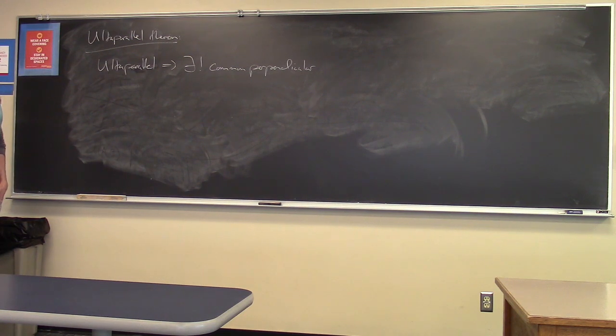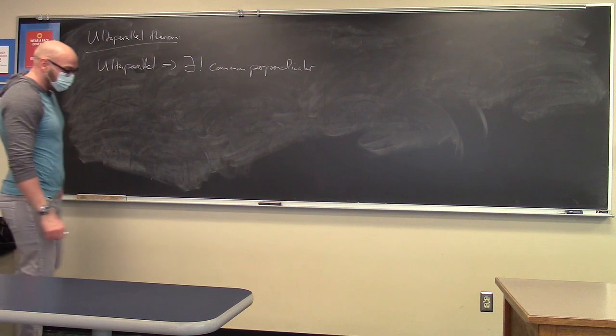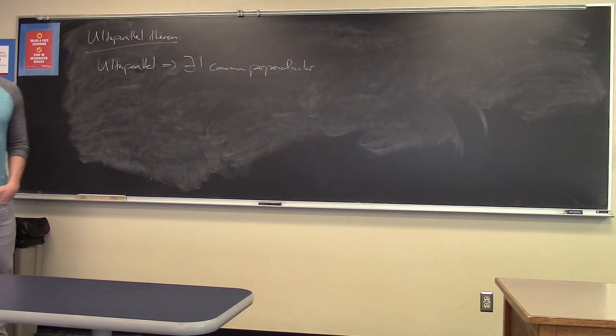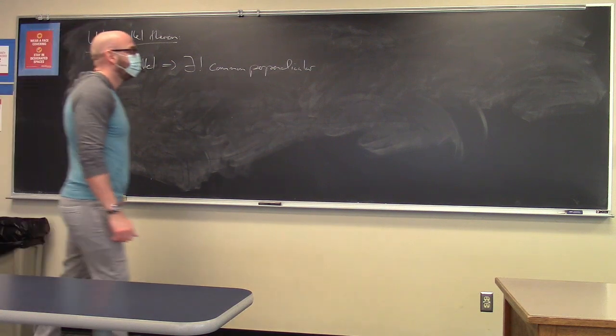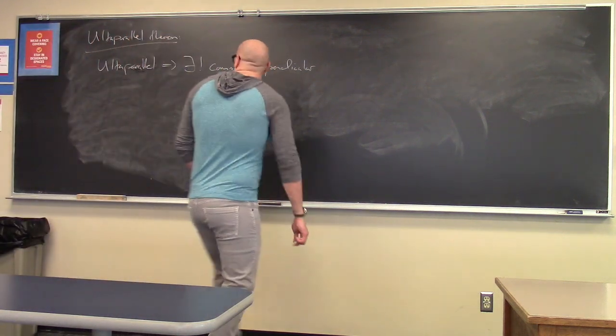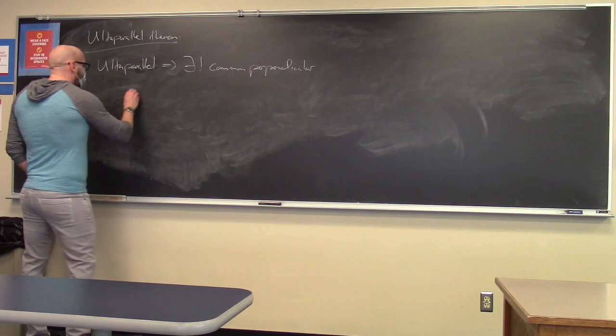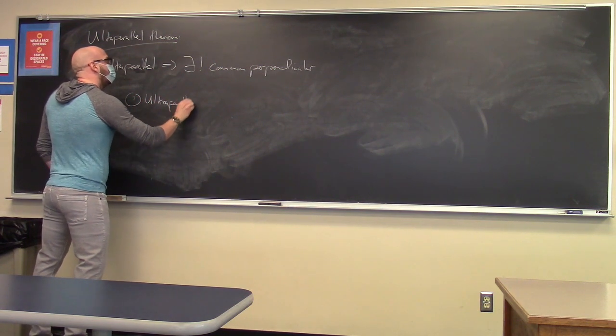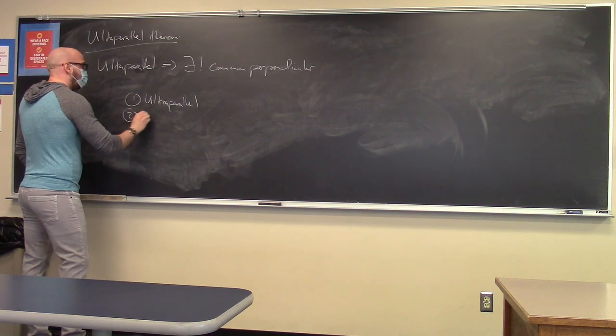So the ultra-parallel theorem stated that two ultra-parallel lines have a unique common perpendicular between them. And you should, of course, know that lines come in two different types. We've got ultra-parallel lines, and we've got asymptotically parallel.